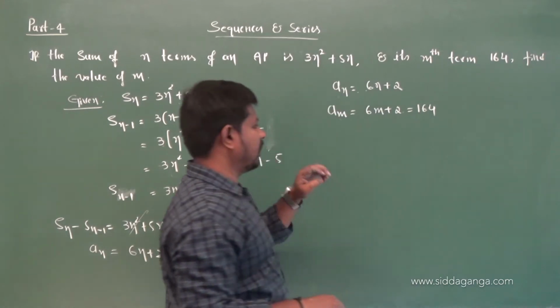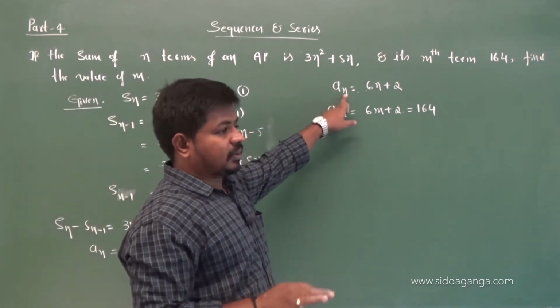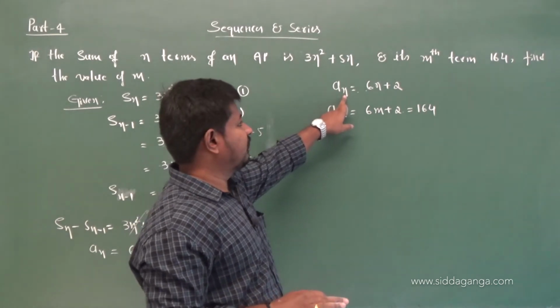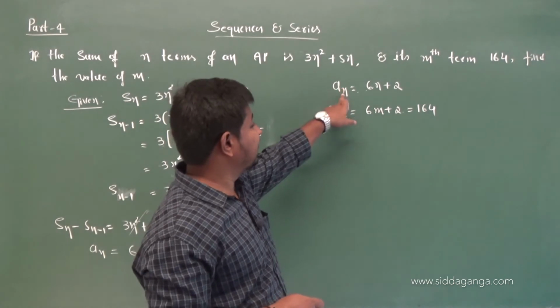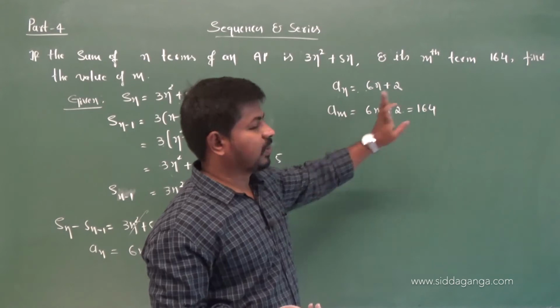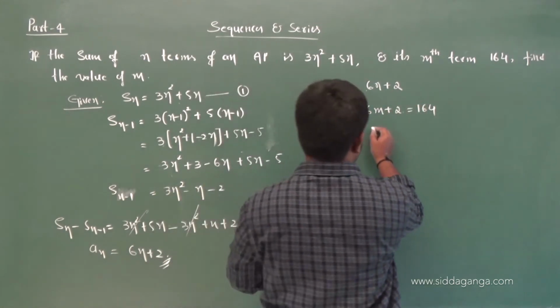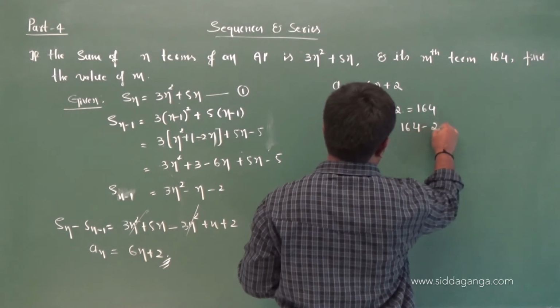Okay. We hope you got this, right? N is whatever. If n is 1, first term, if n is 2, second, if n is 3, third. In the same way, if n is m, mth term. So that's what I have taken. Am is equal to 6m plus 2. That is given 164. So 6m is equal to 164 minus 2.